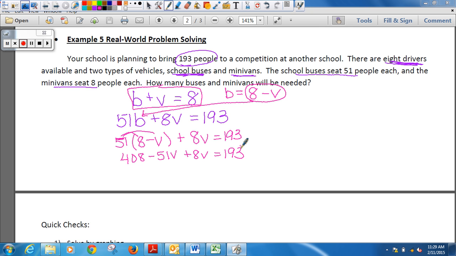And I need to solve this for v. So I need to put negative 51v and 8v together because those are like terms. And that gives me negative 43v is equal to, and to move a positive 408, I'm going to subtract 408.